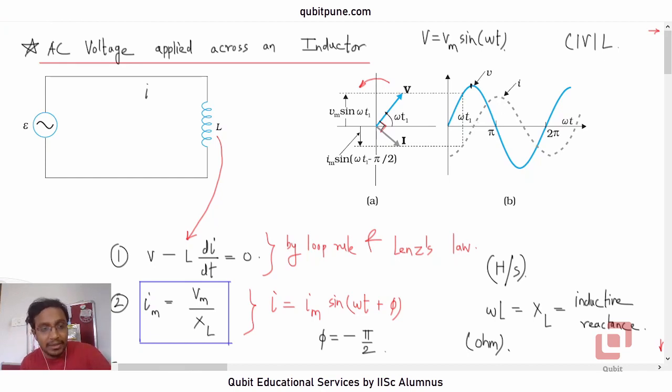It will peak when this gap is pi by 2, and it will peak later because voltage leads current. Now, what does it mean, leads the current? Voltage will peak first and the current will follow, and this is pi by 2 because this is the omega t axis. I hope you understand what I explained now.